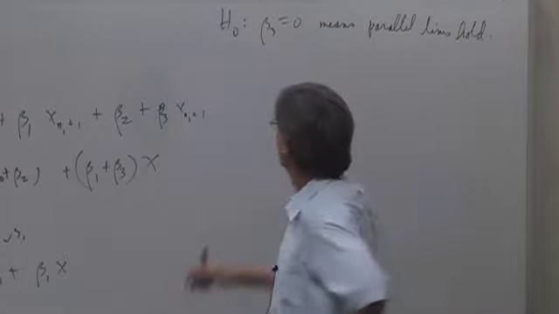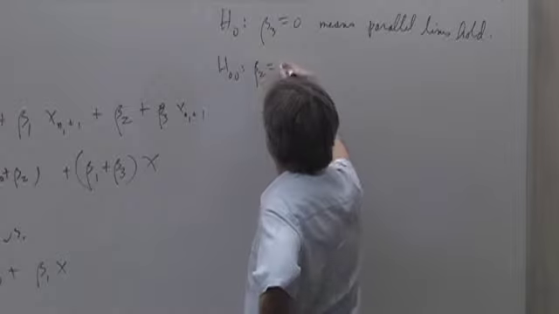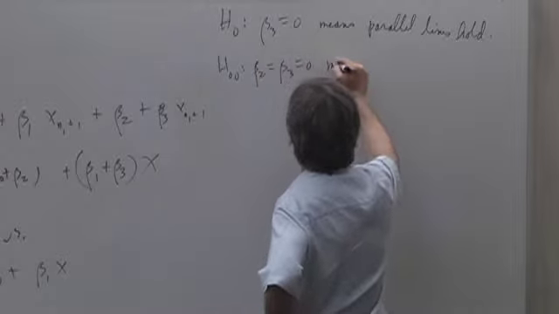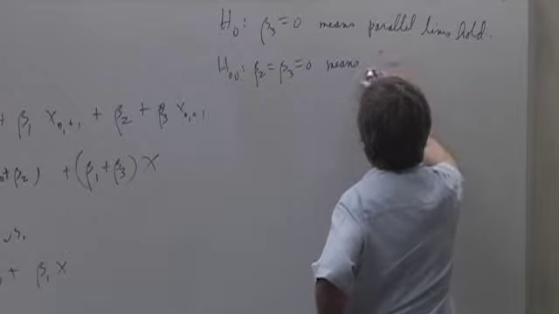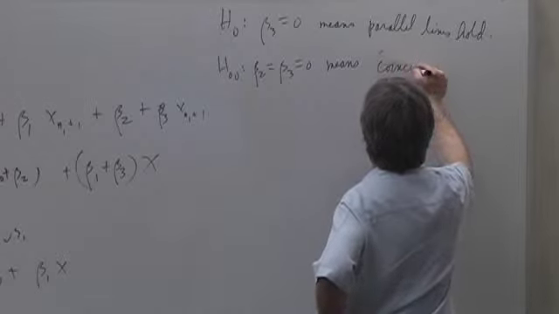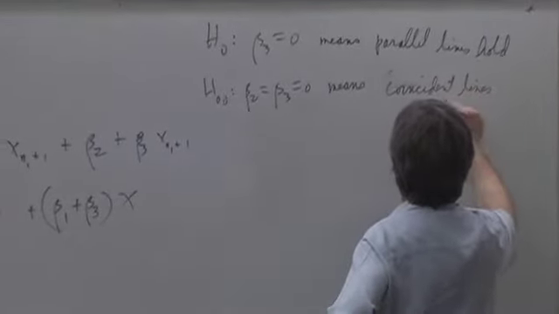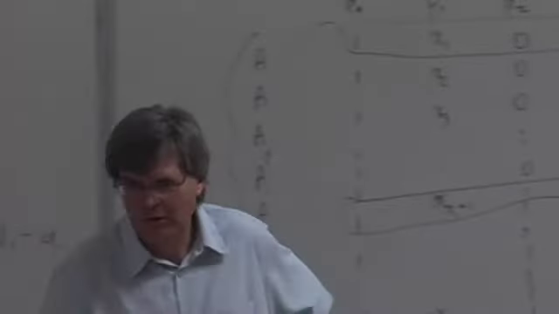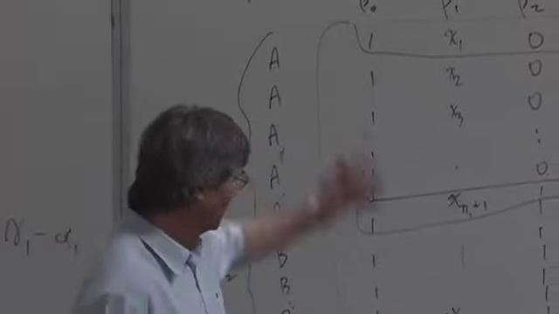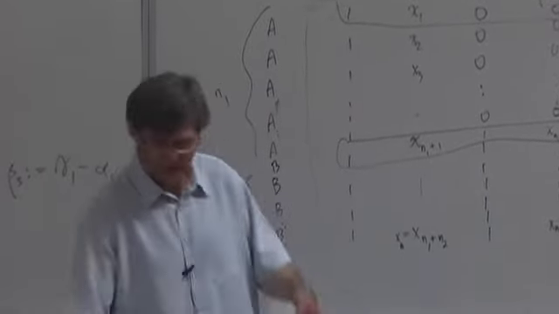And H double naught, I guess, beta 2 equals beta 3 equals 0, means coincident lines hold. They're both the same line. So you could test those hypotheses using the extra sum of squares method. It's no big deal. You just have your x matrix here. So the only question is how do you construct your x matrix? And there it is.